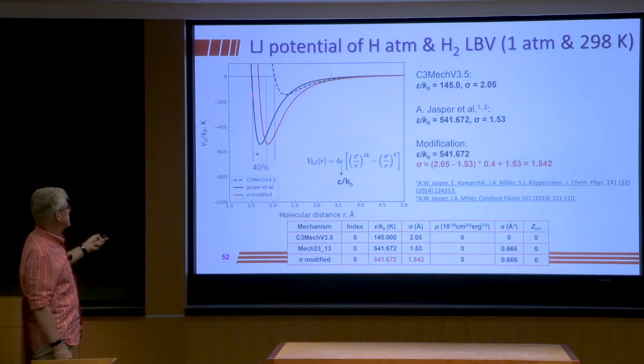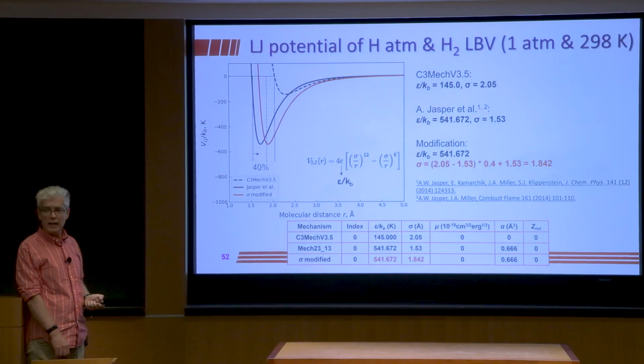So here, this solid black line represents the potential energy of interaction, and the minimum energy, of an H atom reacting with another moiety, with the transport parameters, the sigma. Sigma here is the interatomic distance at zero potential energy of interaction.